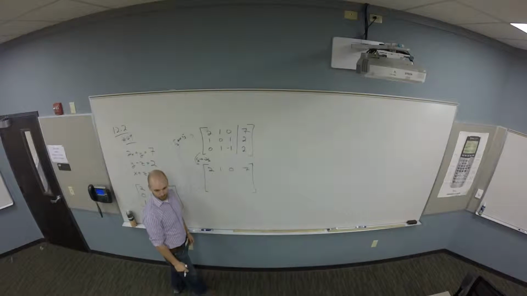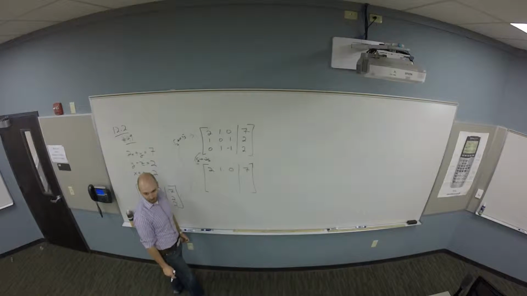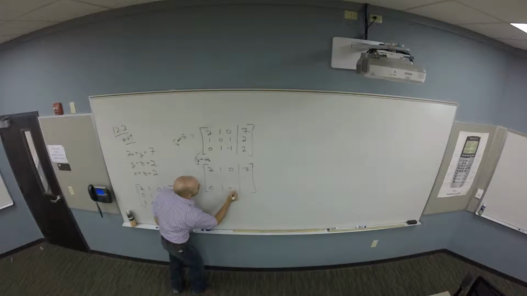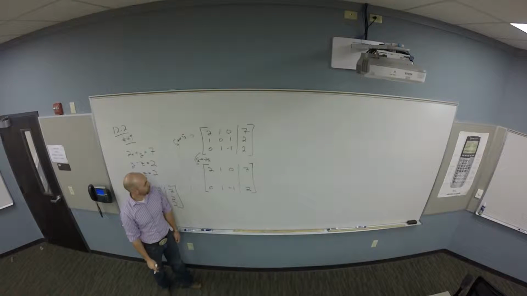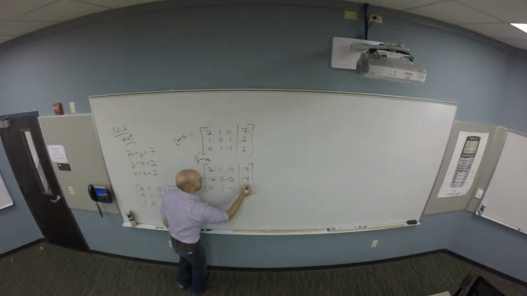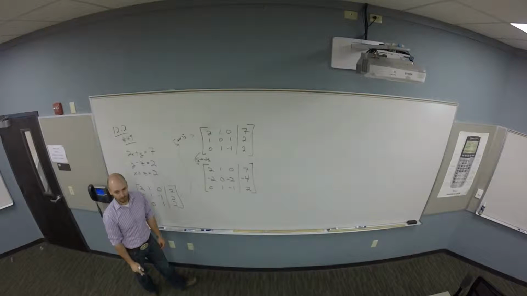Just multiplying row 2, because I'm only playing with row 2. So what's the other easy row in here? Yeah, row 3 is going to be easy, because it's going to stay the same. And row 2 is going to turn into -2, 0, -2, -4. Perfect. Very good, guys. All right, now what's your next step?